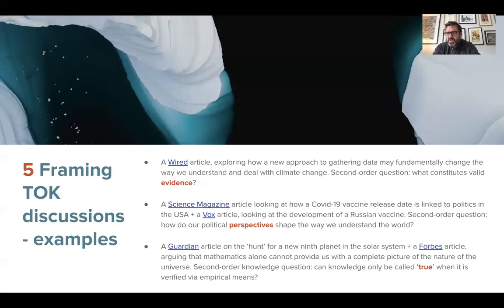So those are two articles there about how this hunt for this planet is going on. But it's not just that particular case, it's the universe in general, which is mostly not observed. It is just understood via very, very complicated mathematics, which is way beyond me. Is this true knowledge? Or is knowledge only true when you can verify it empirically, when you can see it for yourself?